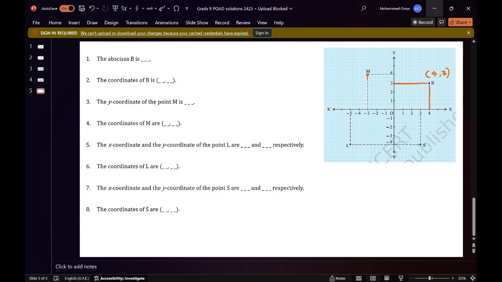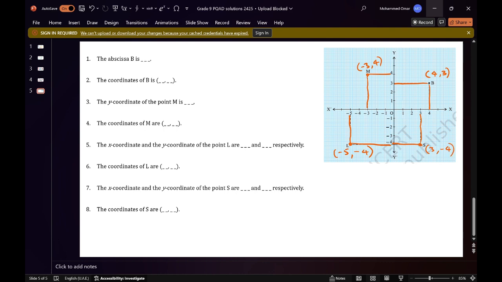And what about M? If you drop, it is -3, and the perpendicular line onto the y-axis is 4. For L, first drop a perpendicular line onto the x-axis, -5, and then onto the y-axis, it is -4. So the coordinates of L are -5 and -4. Now S. First drop a perpendicular line onto the x-axis, it is 3. Then the y-axis, it is -4. So we have found all of them.